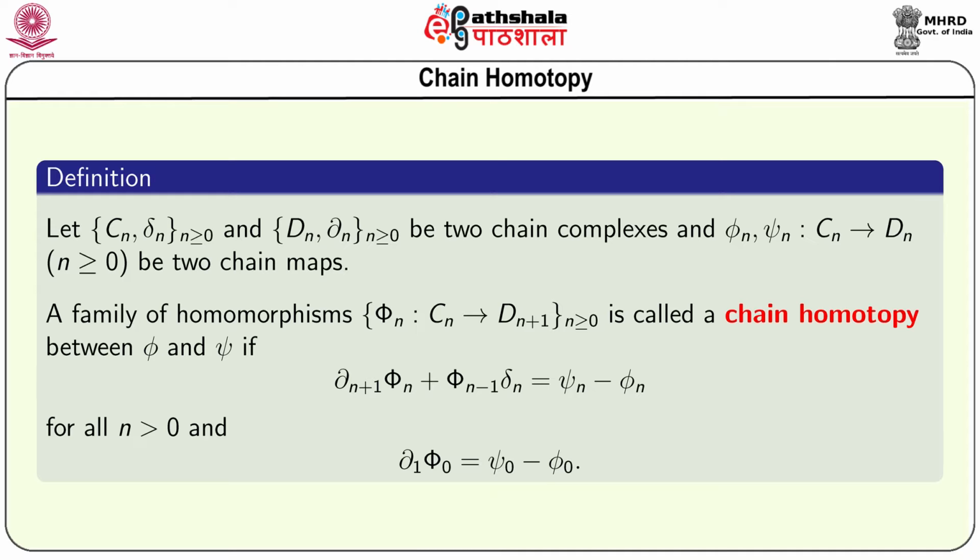between phi and psi if we have this expression to hold, that is, del_{n+1} phi_n plus phi_{n-1} delta_n is equal to psi_n minus phi_n for all n greater than 0, and del_1 phi_0 is equal to psi_0 minus phi_0.